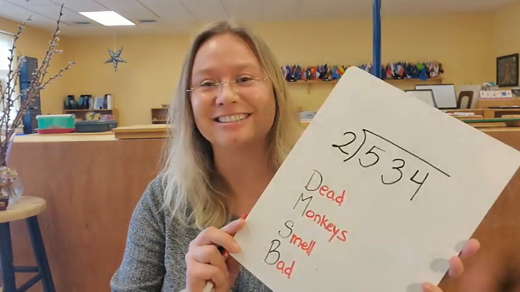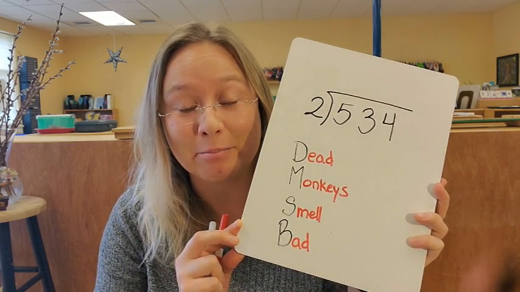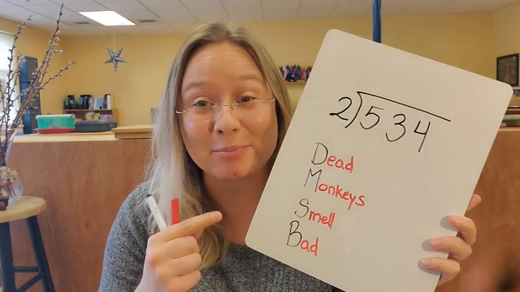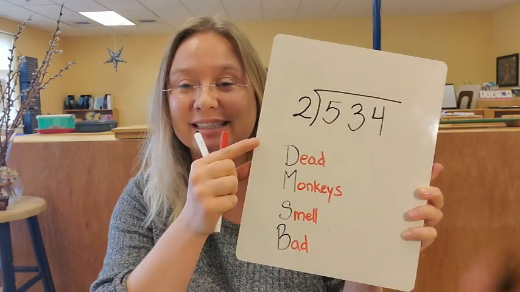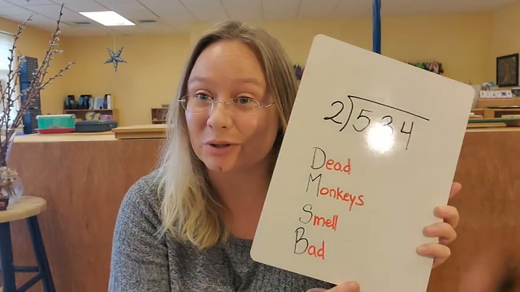One that has stuck with me because it is very silly is, I'm sorry, dead monkeys smell bad. Because it is so silly, that can help it stick in our head. Dead monkeys smell bad. So the steps are D, M, S, B, and I will show you those steps now.